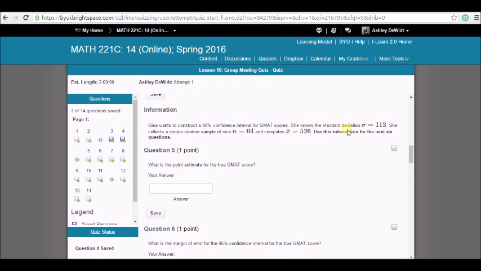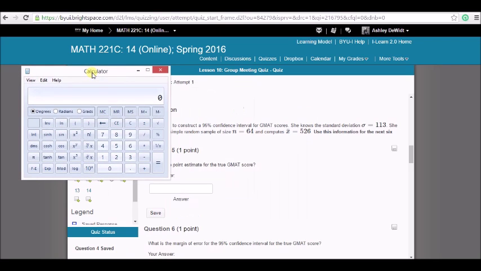I'm thinking, are we dividing the mean by 64? We do that. Good as a guess as any.